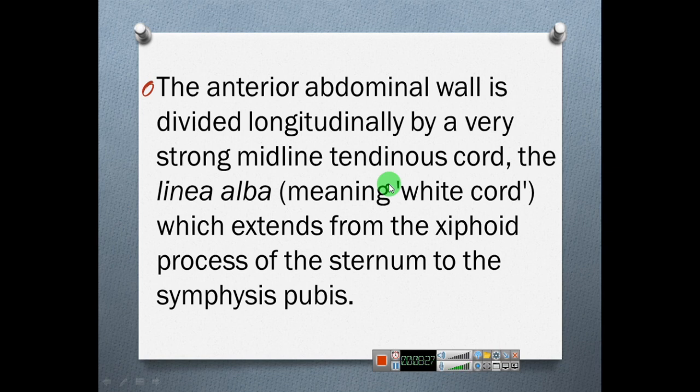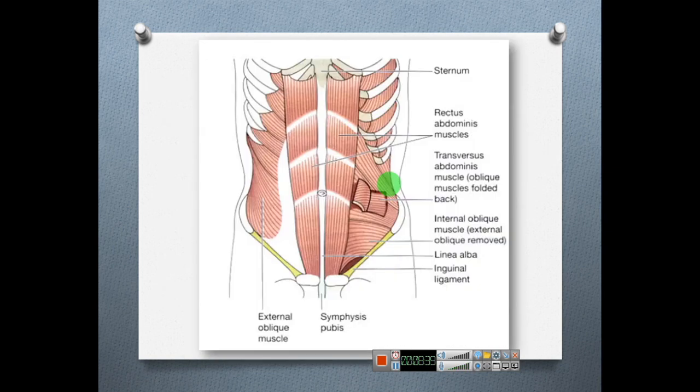We call it linea alba, which extends from the xiphoid process of the sternum to the symphysis pubis.